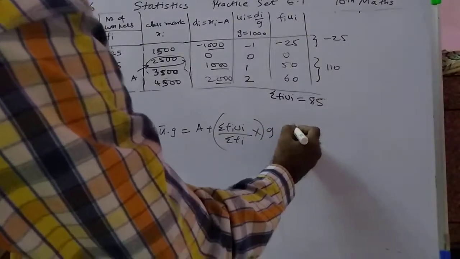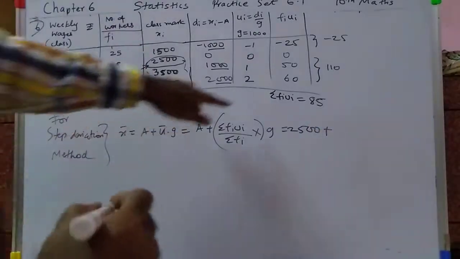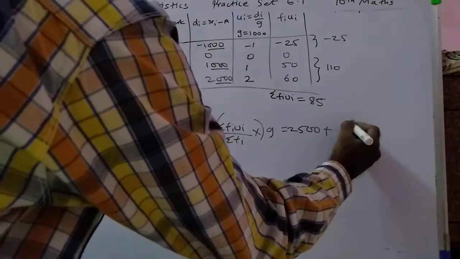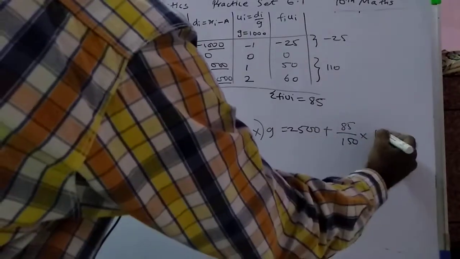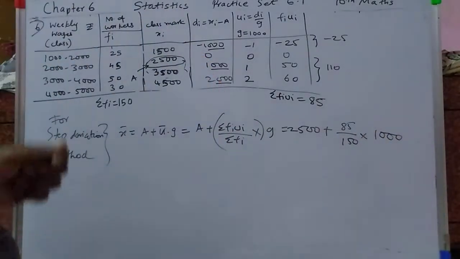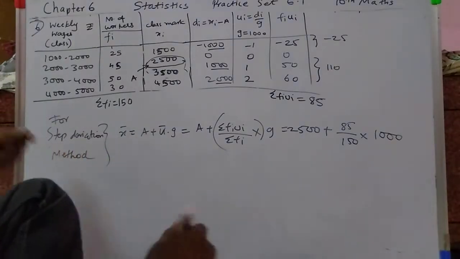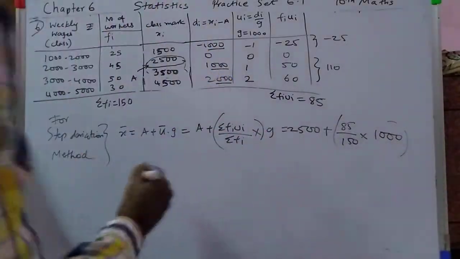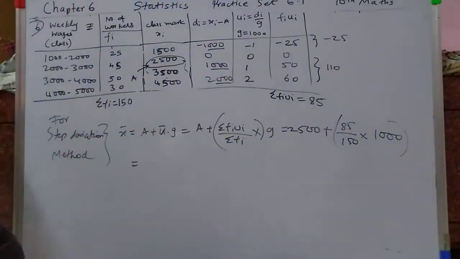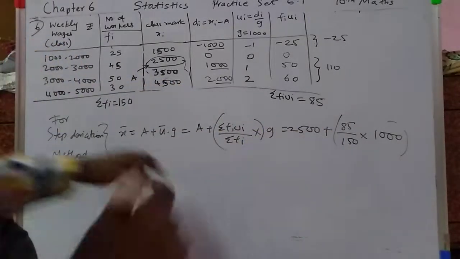And you can write A is 2500 plus it is 85 upon 150 and G is 1000. That you have to cancel it. Okay. That's all. This part will do here. So calculate this here.